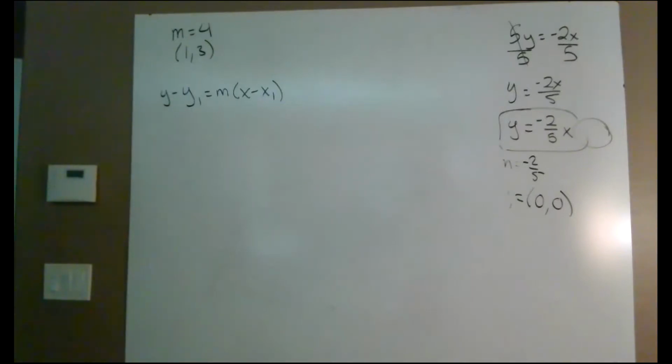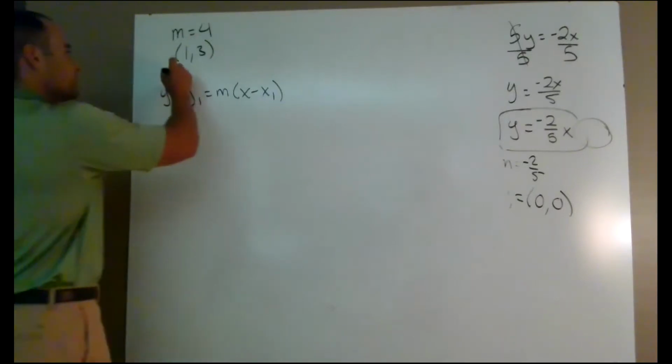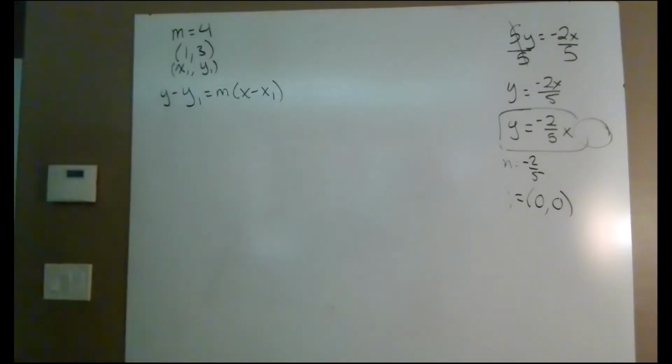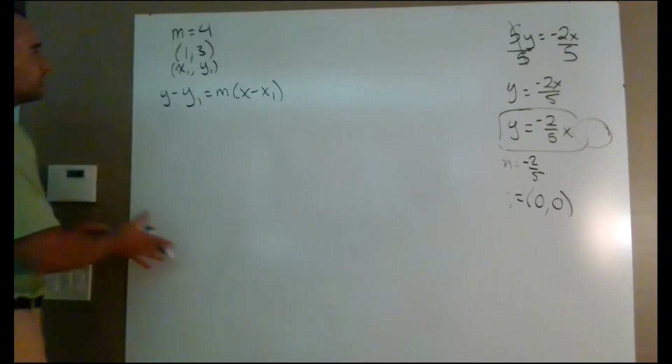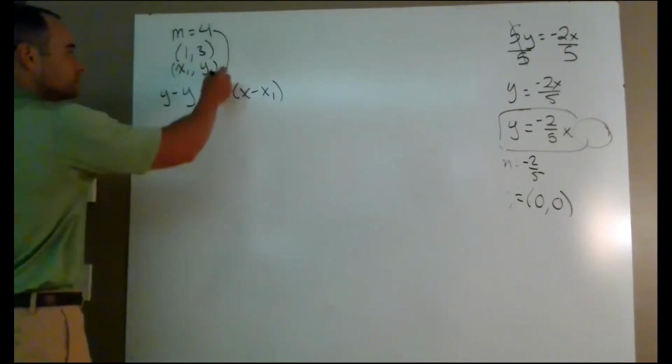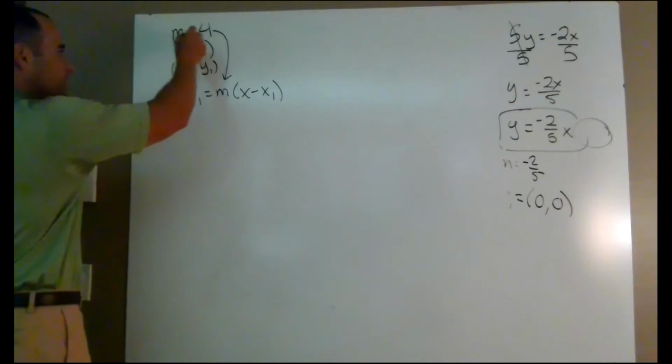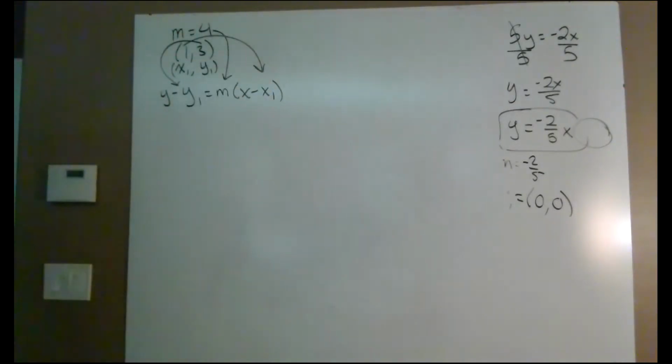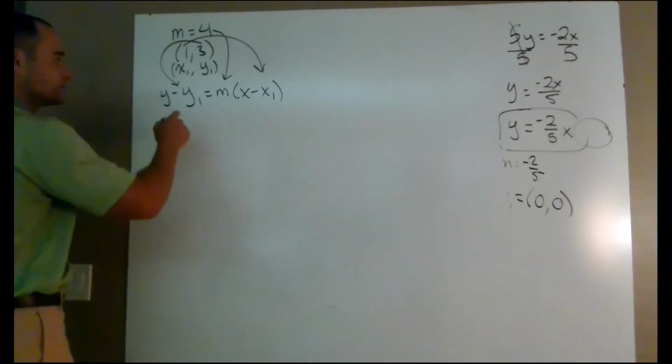On the previous slides, I said it's always good for us to label our points x1, y1, just to make sure I don't make any mistakes. If we have 1 point, it's a lot more difficult for us to make mistakes. So what I do is I just plug these values into my equation. But I simply just plug in the values that I have.